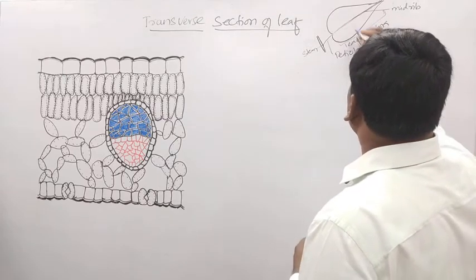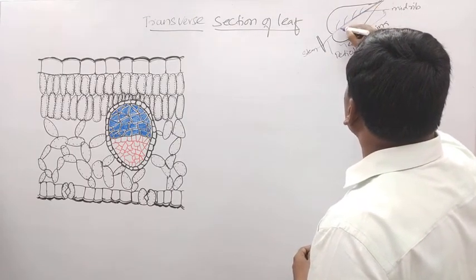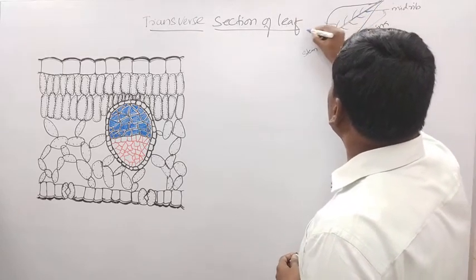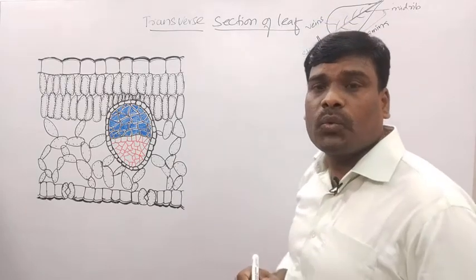And there is a structure like this, children. They are called veins.